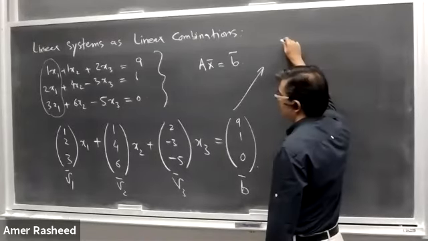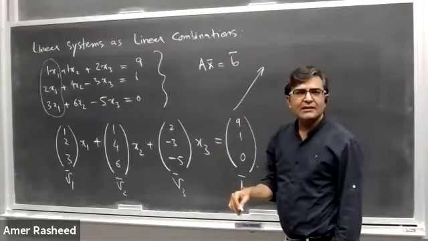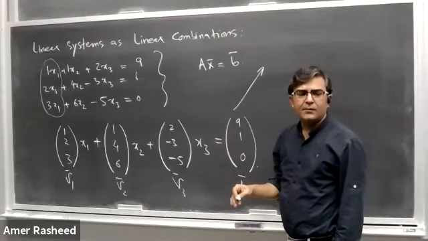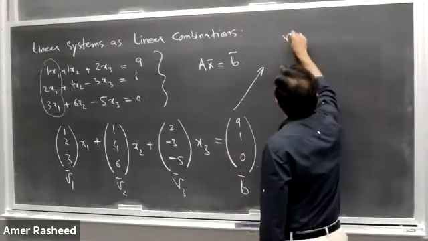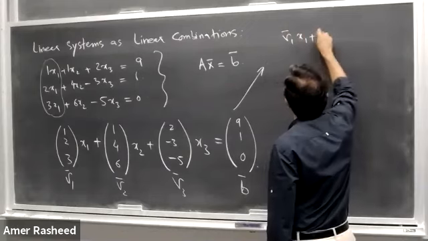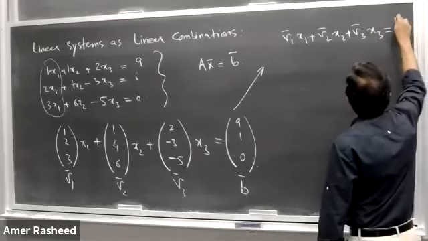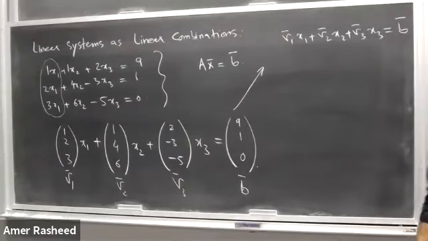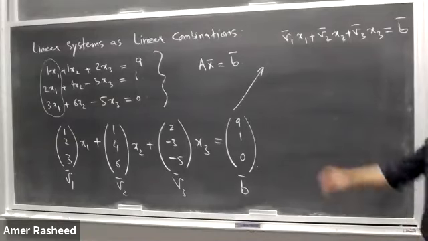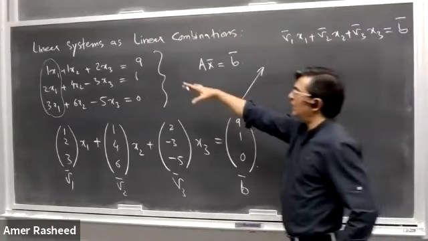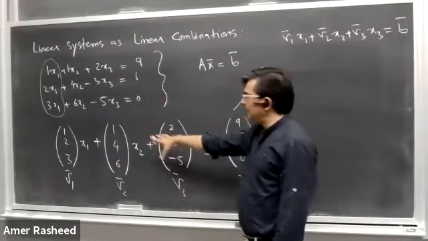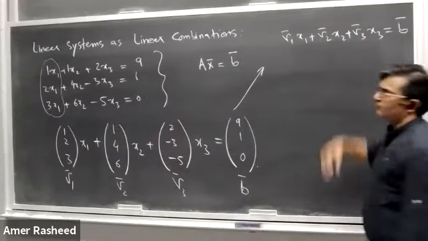Any question? v1 vector x1 plus v2 vector x2 plus v3 vector x3 is equal to b vector. I hope you get it, how I have written this linear system in this form first and then in this form.